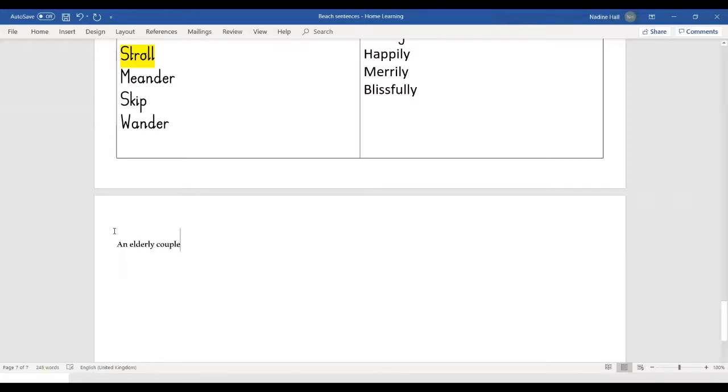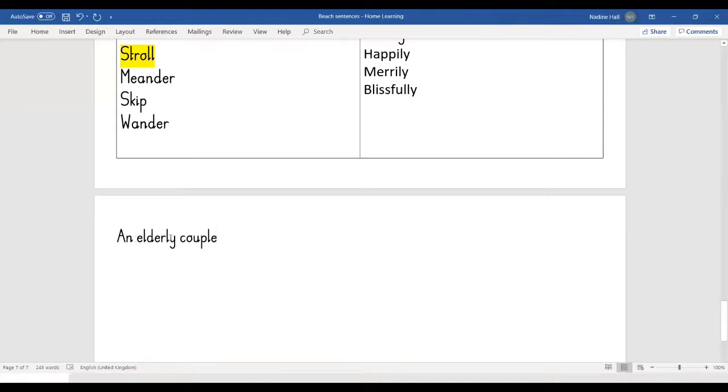Now notice here that I've started with an, not a, because the word elderly starts with a vowel. So whenever it starts with a vowel, we must use an instead of a, like an elephant, an apple. Every word that starts with a vowel needs an rather than a.